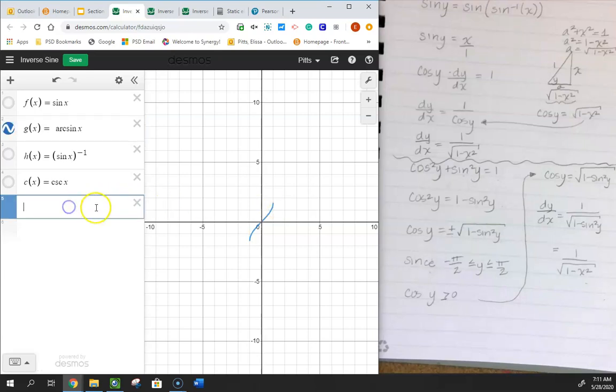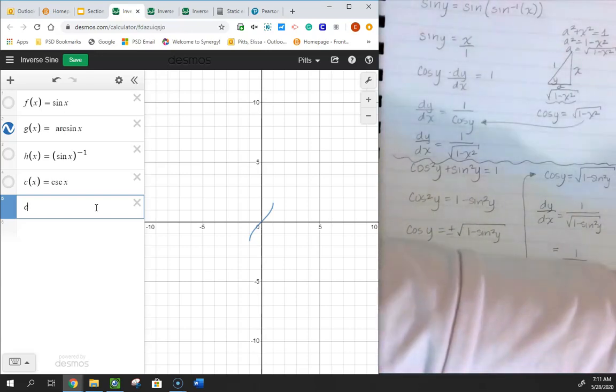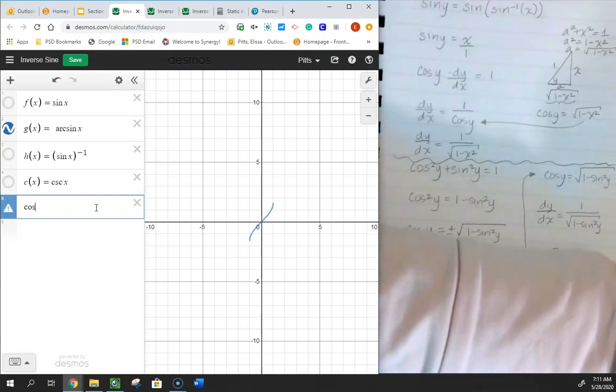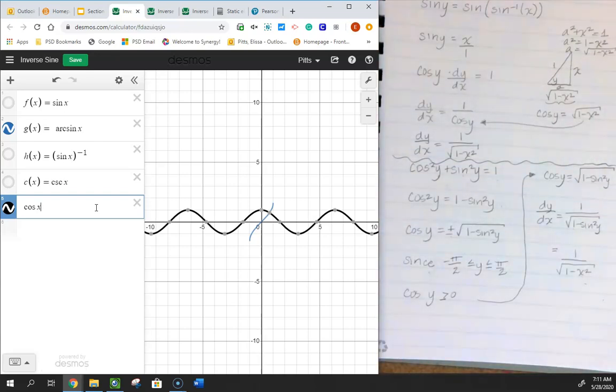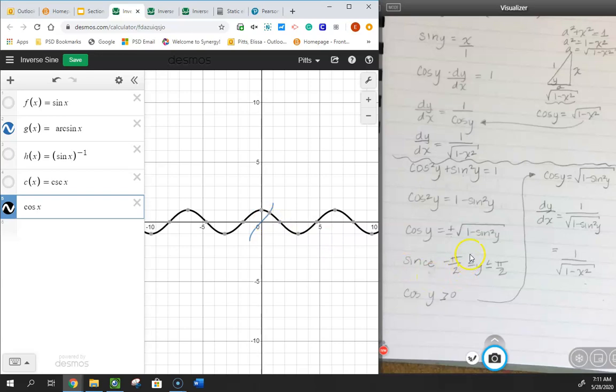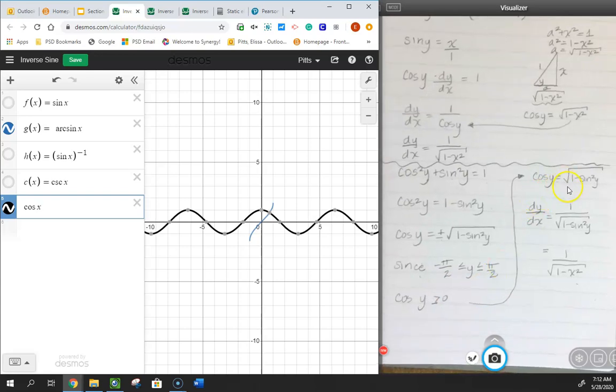And if I graph cosine of x, between negative pi over 2 and pi over 2, cosine is positive. And so I don't need to look at the negative square root if I'm restricting the y value between negative pi over 2 and pi over 2. So cosine of y is equal to the positive square root of 1 minus sine squared y.